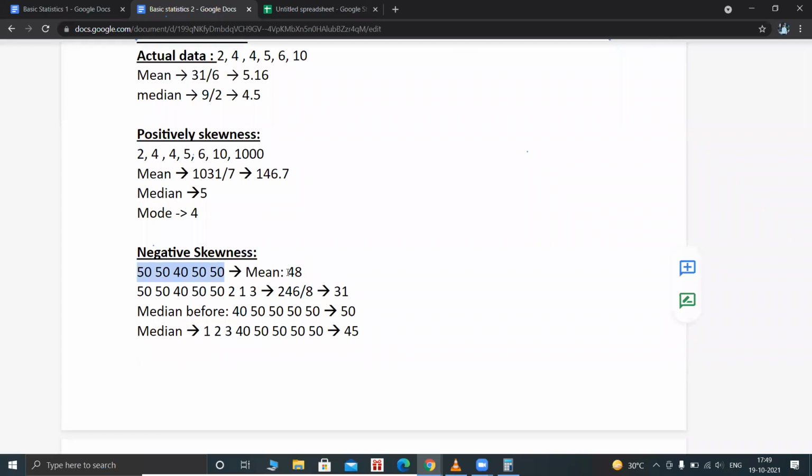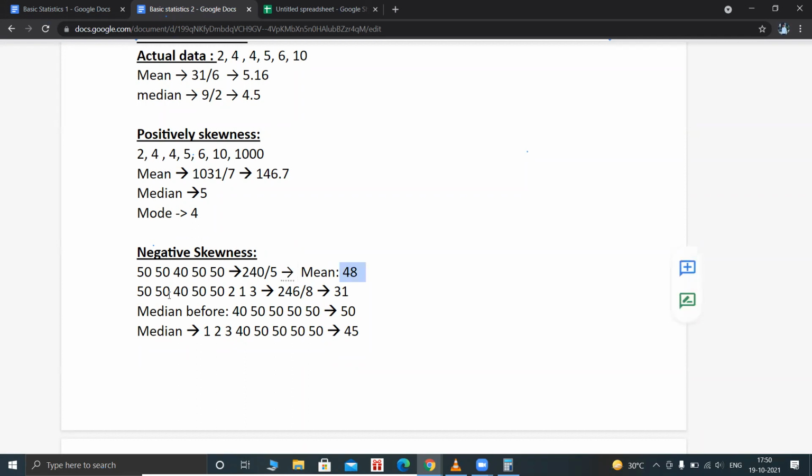Is the mean 48, guys? 50 plus 50 is 100, 240 divided by 5. What is 240 by 5, guys? 48. Yes, so here the mean was 48.